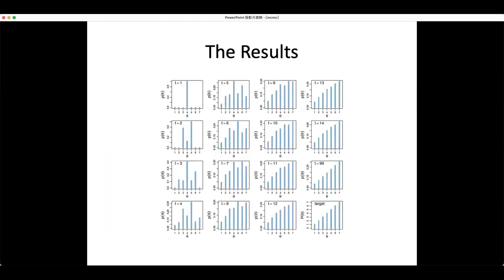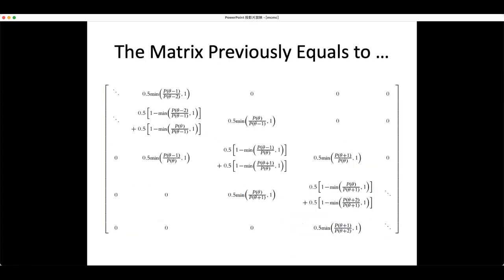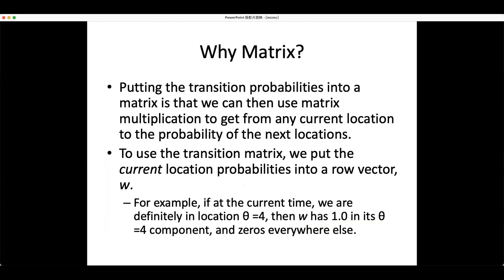Okay, initially, when the partition is at theta equal to 4, originally, I mean, we can represent the probability that the partition is at each item as a probability vector.